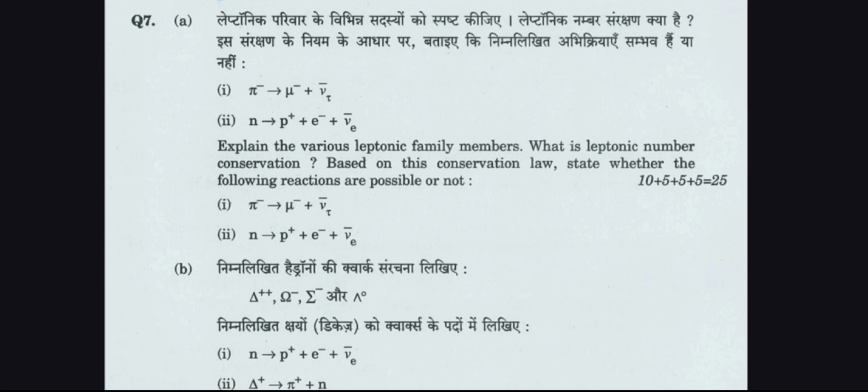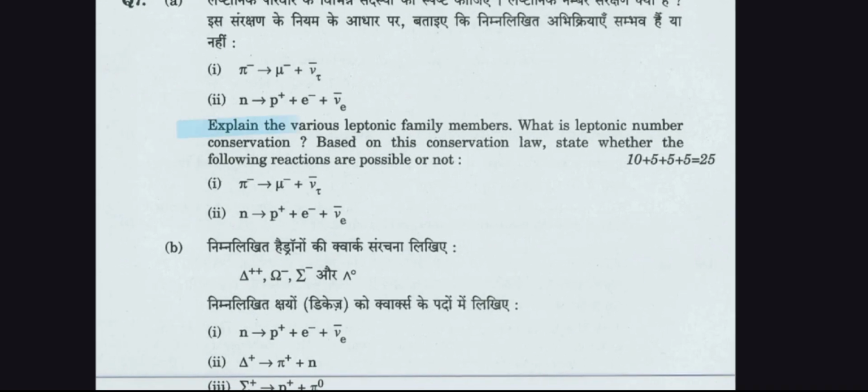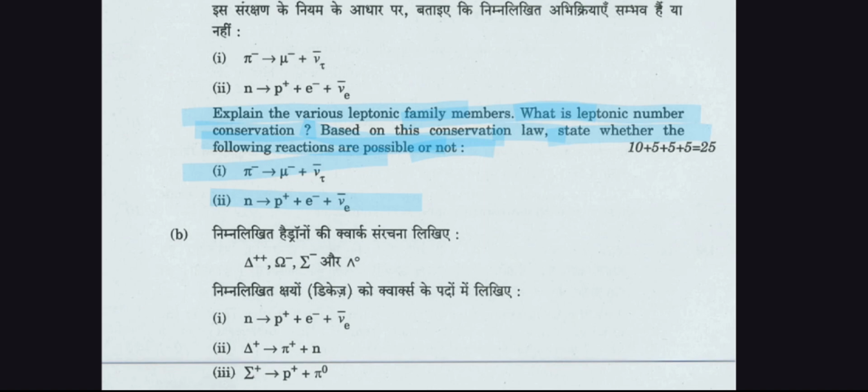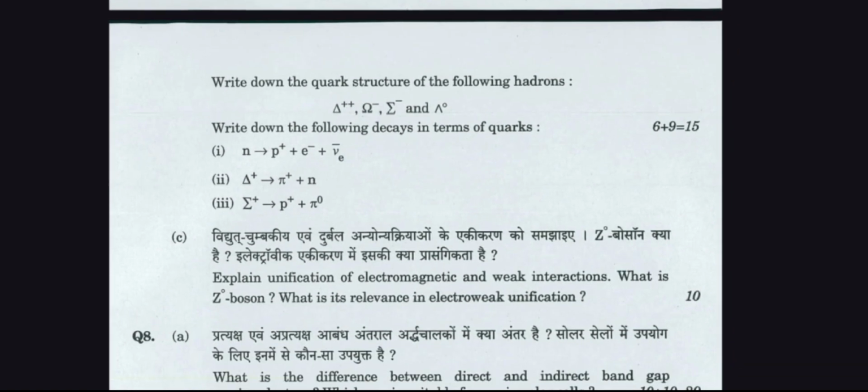Question number 7 is here. Explain the various leptonic family members. What are lepton numbers? Conservation. Based on the conservation laws, state whether the following reactions are possible or not. And question B is here. Write down the quark structure of the following hadrons: delta plus plus, delta minus, sigma minus and delta.